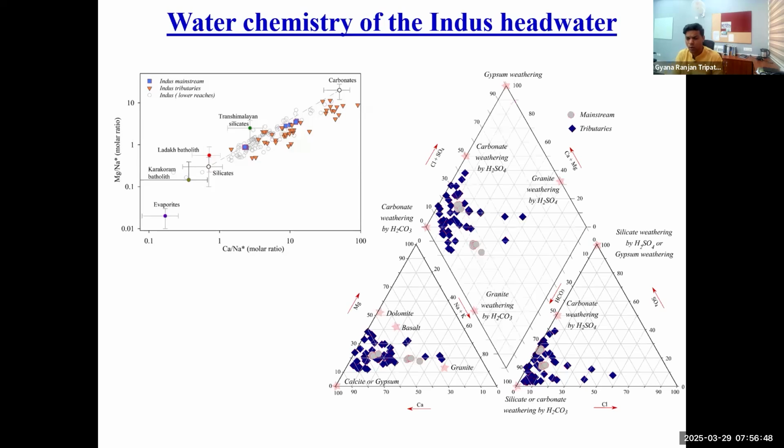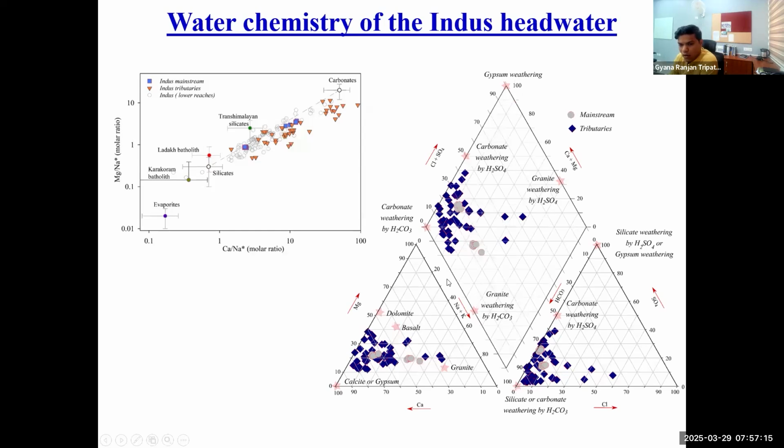For that, we plotted them in a Piper diagram where the typical compositions of different weathering pathways are shown in the star symbols, and this is the carbonate weathering dominated by weathering happening through sulfuric acid, whereas carbonate weathering through carbonic acid should have no sulfate, so they should be falling somewhere closer to this point.